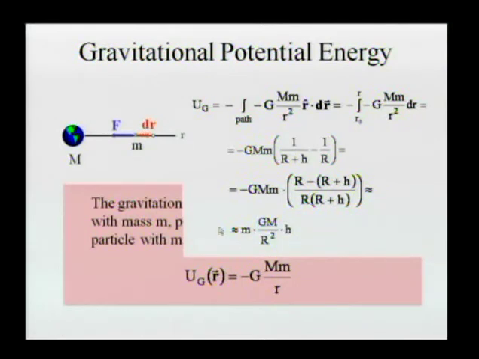So I can write that this is the mass of the object times the gravitational constant times the mass of the Earth divided by the radius of the Earth times h. Yes, I have m times g times h.